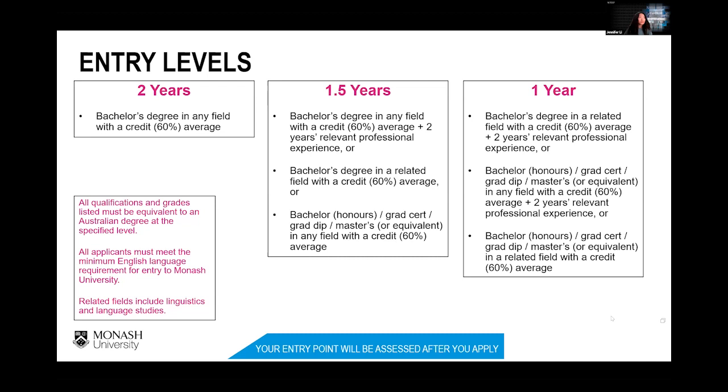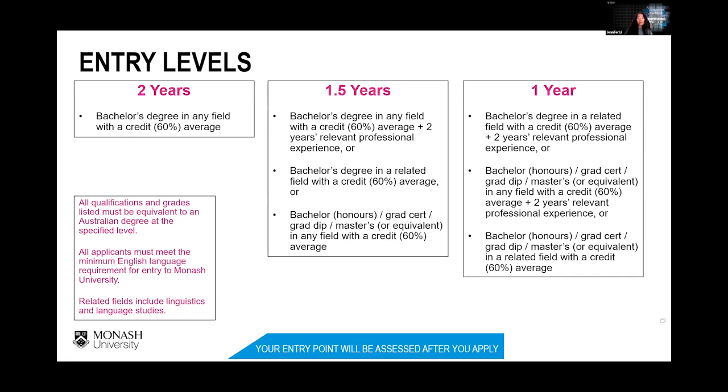As you can see, we've got a few entry levels listed, and depending on your prior studies and your former work experience, you might be able to shorten your study duration. But as a minimum, you will need a bachelor's degree with a 60% average. That's the minimum academic requirement.